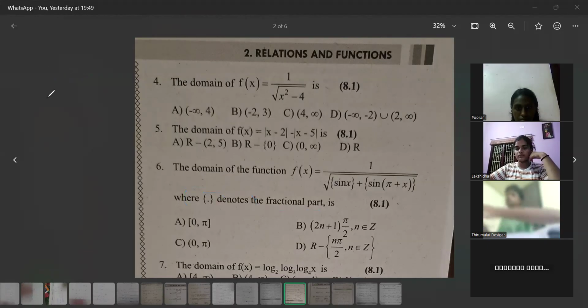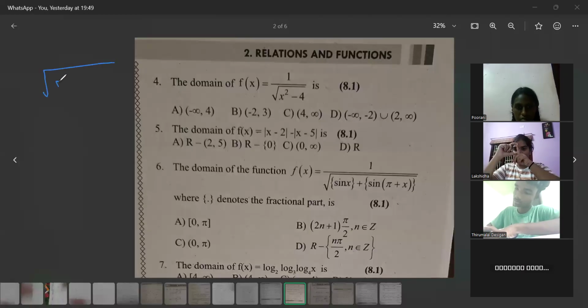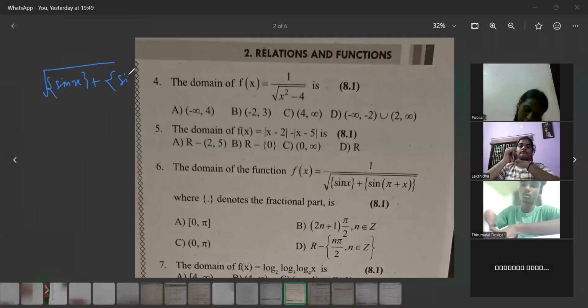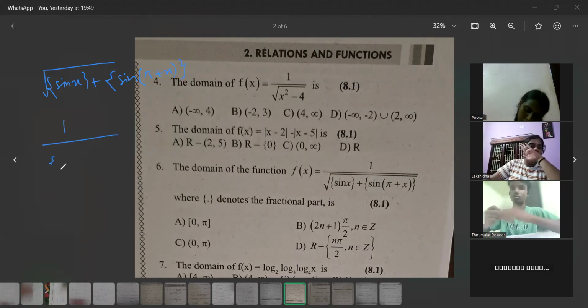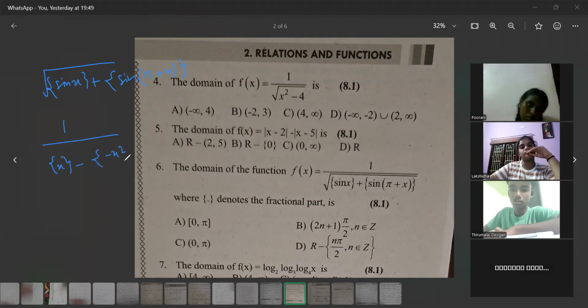Option D. So again, this is sine of the fractional part of x plus... What is sine of pi plus x? Minus sine x. Minus sine, right? So 1 upon... We have also discussed mod x, the fractional part of x minus the fractional part of x.